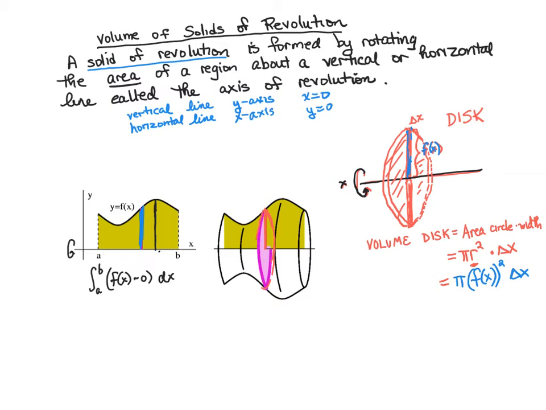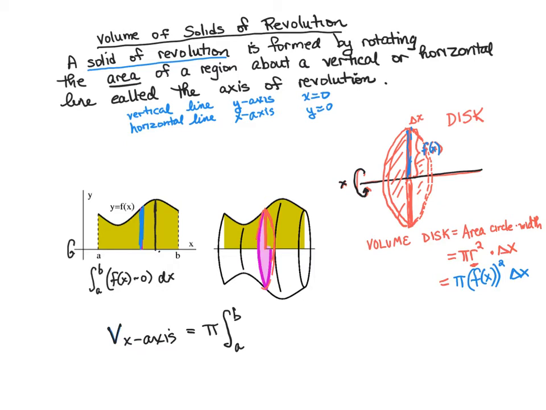When we revolve around the x-axis, the pi will go outside the integral because it's a constant. We're still summing up volumes of disks from x equals a to x equals b. That's why it's important to know area.